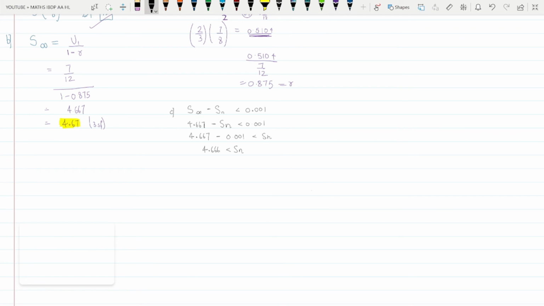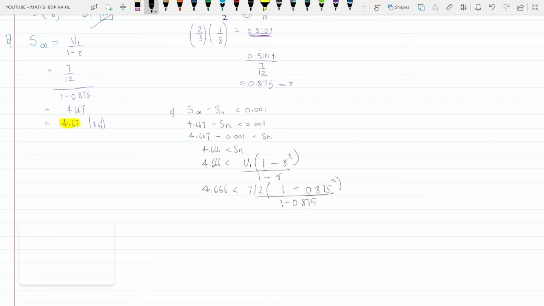The formula for the finite sum of a geometric sequence is u1 times (1 minus r to the n) upon 1 minus r. Our u1 is 7 upon 12, the ratio is 0.875, so (1 minus 0.875 to the n) upon (1 minus 0.875).